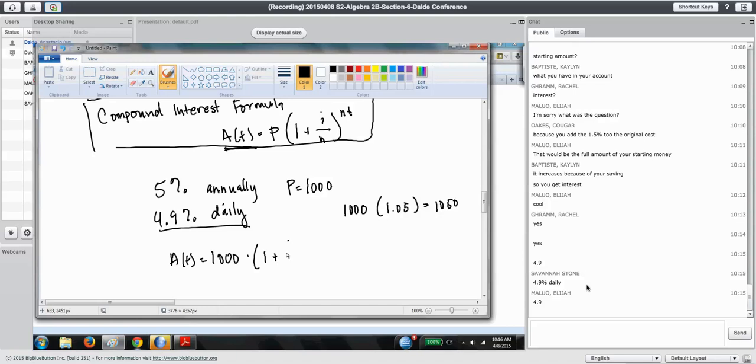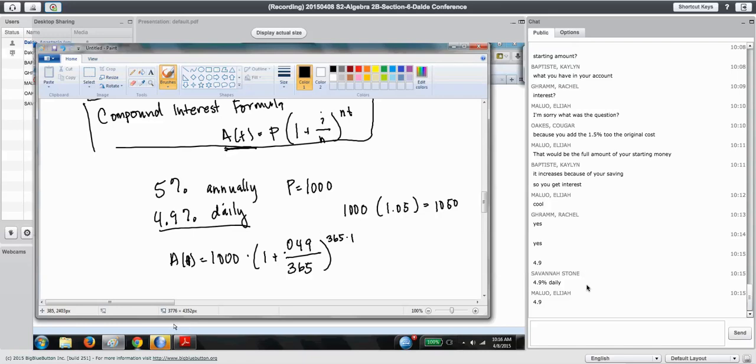So that would be 0.049 over 365 days. And I'm going to raise that to the 365 power times 1, because this is after 1 year. You plug that into your calculator.